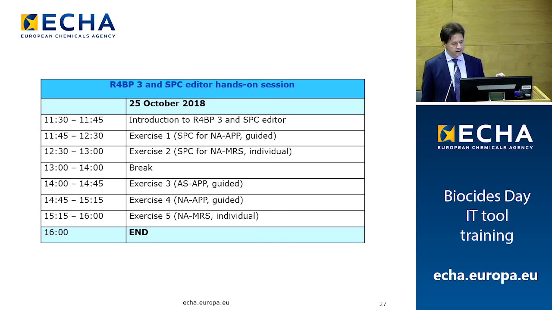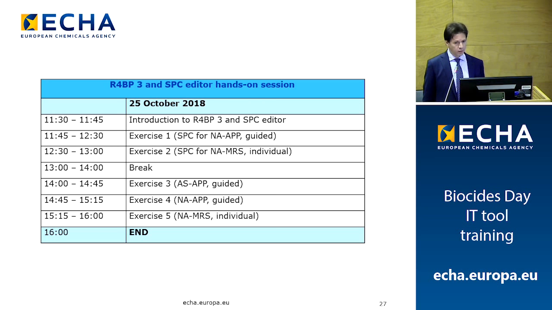The first exercise, which we think should last about 45 minutes, then we see how we can rearrange the time now, is for you to prepare an SPC for national authorization. The second exercise, which you will do individually, will be the preparation of an SPC for mutual recognition in sequence.